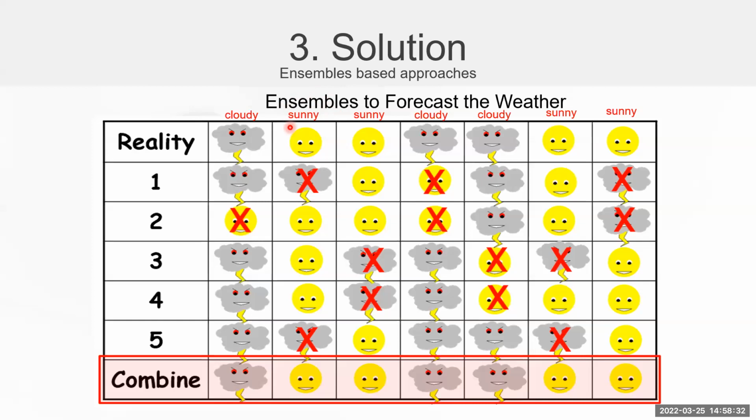Okay, how about this one? Reality is sunny. The first model says cloudy, so it is wrongly predicted by the first model. The second, third, and fourth models are correct. They predict that tomorrow is sunny, and the fifth model says cloudy.